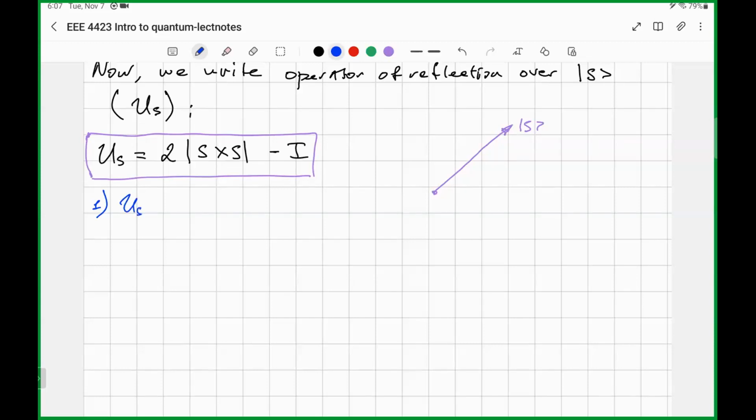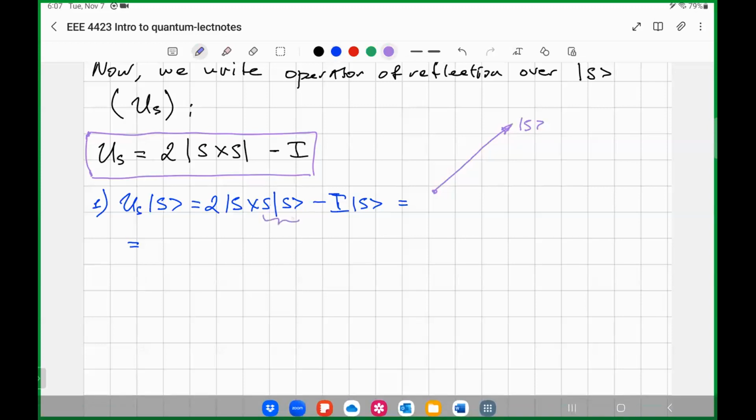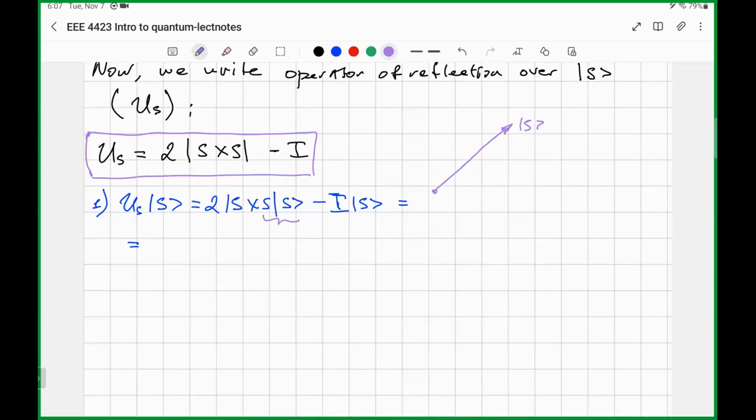So when I apply this US to the vector S, I would get what? I would get 2, then vector S, then S, then apply this S, minus identity. So this I is an identity operator, applied on S, which is equal to: this S times S, because the vectors are normalized, right?